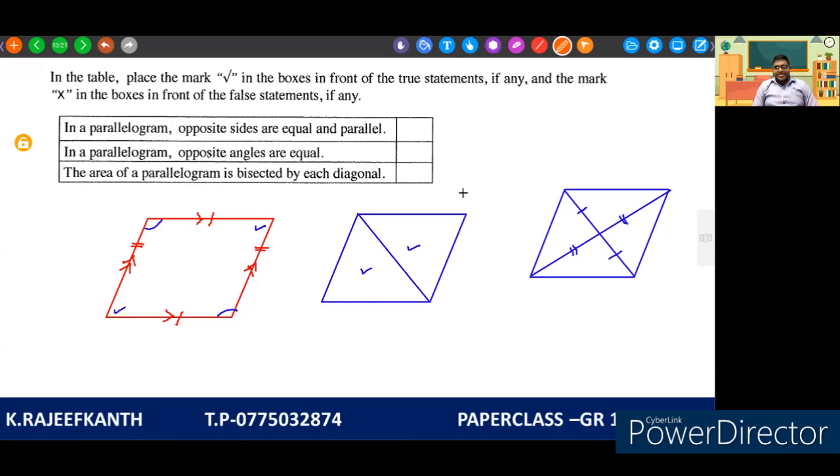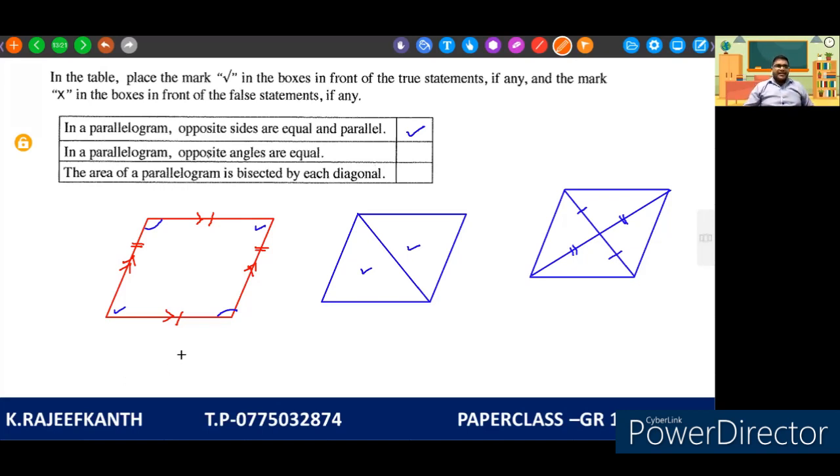These are the properties of a parallelogram. Here the first statement is, in a parallelogram, opposite sides are equal and parallel. Then the statement is true.